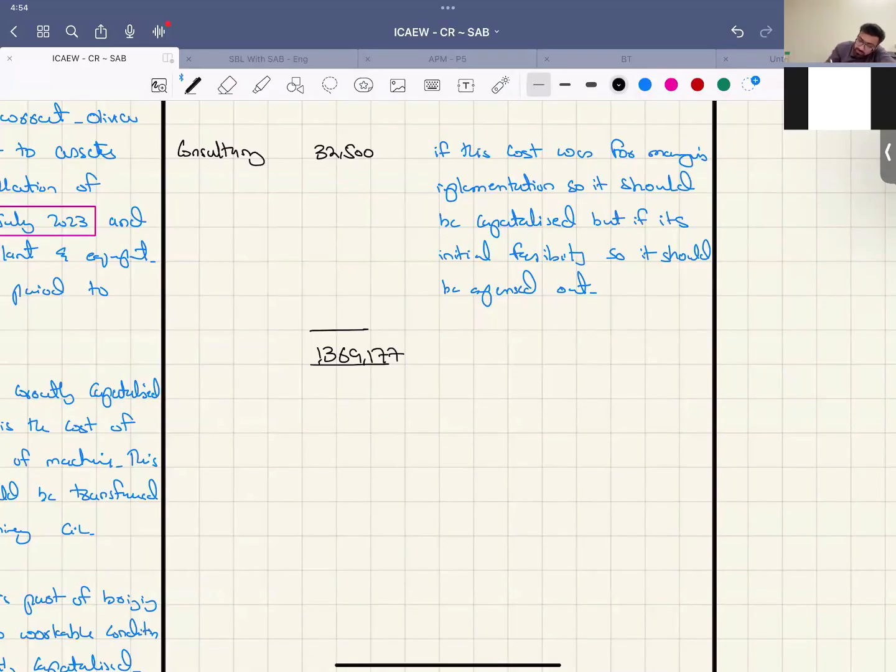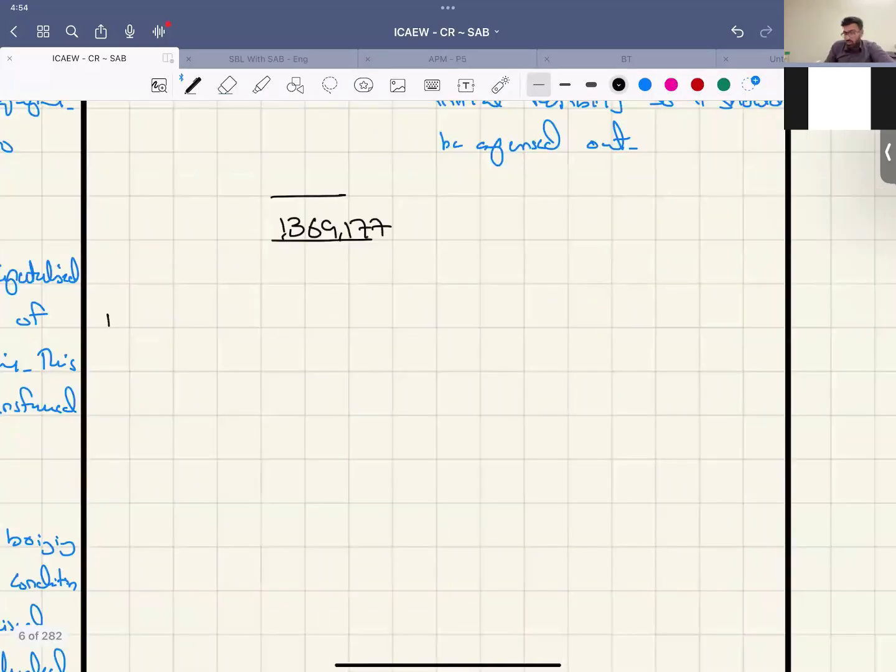Now, adjusting entry. This is something very important. You have to write the GL, and debit and credit as well. So we'll be doing plant and machine.